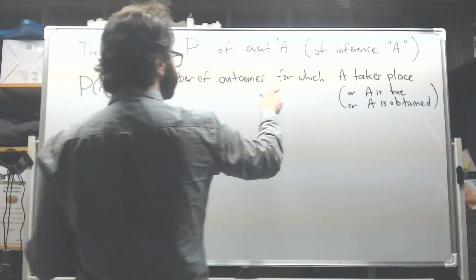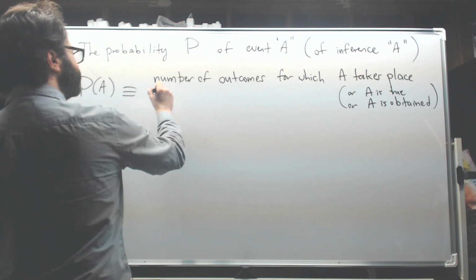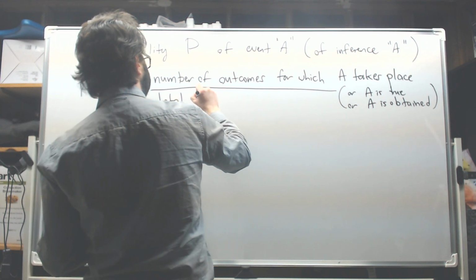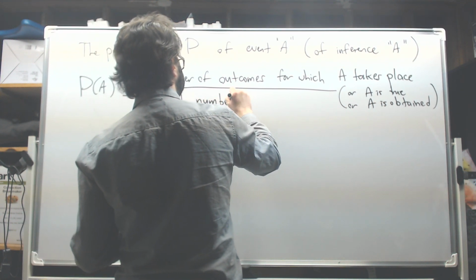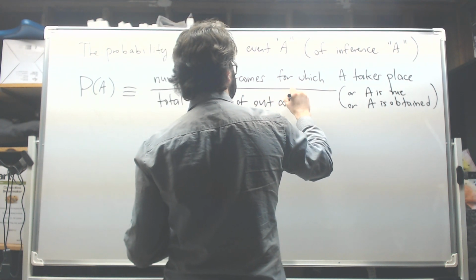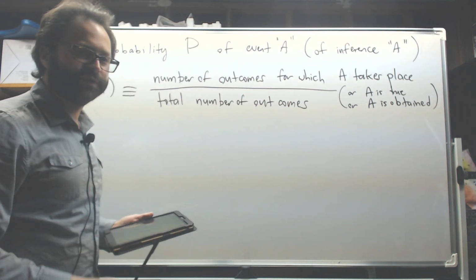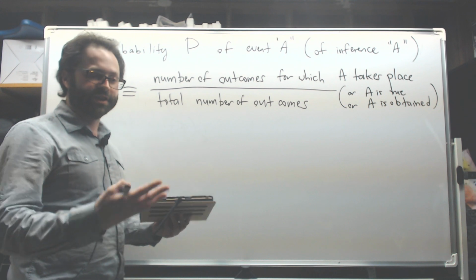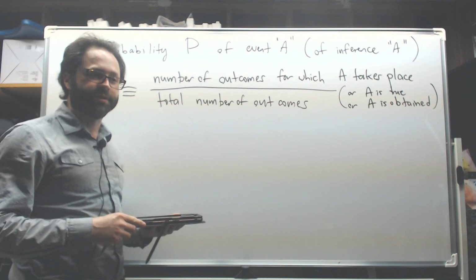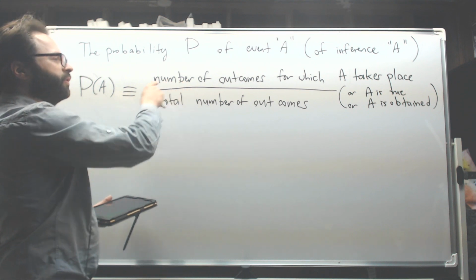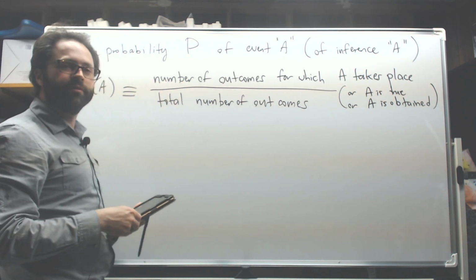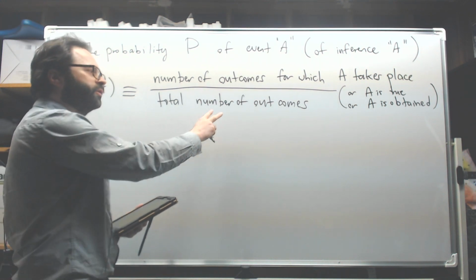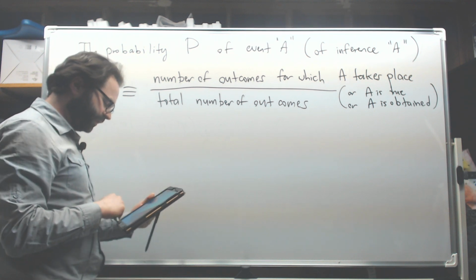The number of outcomes for which A is true or A takes place divided by the total number of outcomes. For example, in a series of 10 coin tosses, the total number of outcomes is going to be 10, because after every coin toss, some inference is found, some outcome is observed. The number of times a head was obtained is going to go in the numerator, whereas the number of times a head is obtained plus the number of times a tail is obtained, i.e. the total number of outcomes, goes in the denominator. And that's fairly self-explanatory.